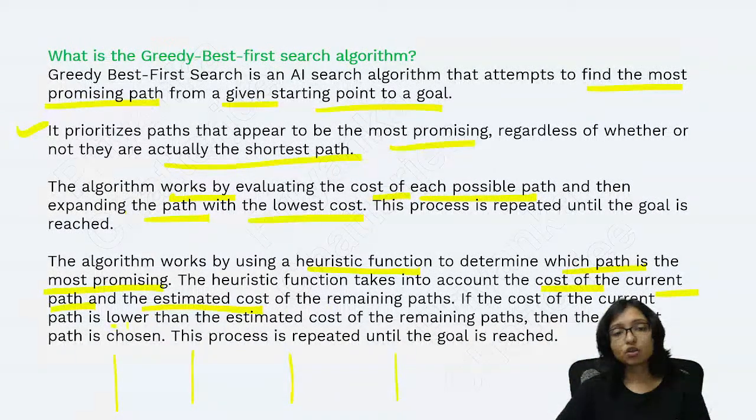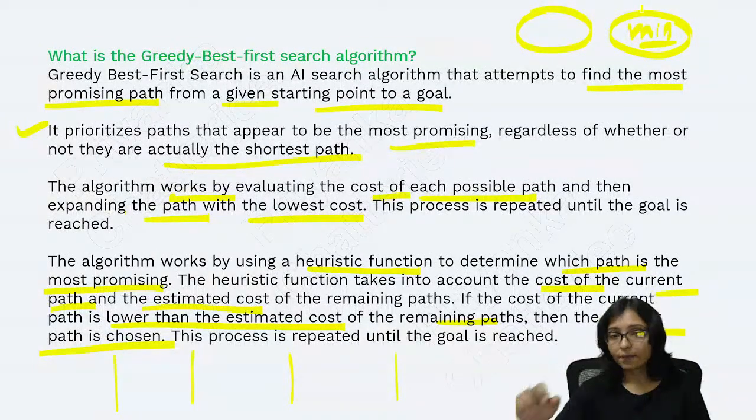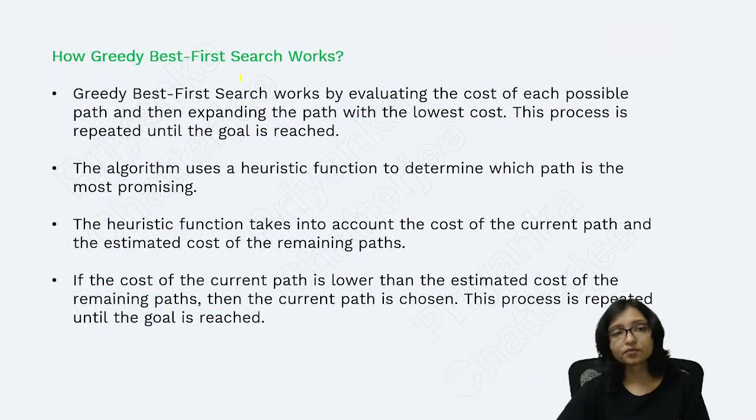So if the current path is lower than the estimated cost of the remaining path, then the current path will be chosen. Whatever you have already traversed, if the current one is the minimum out of them all, then you are going to choose that. This is the way greedy best first search works, right? That is the way.